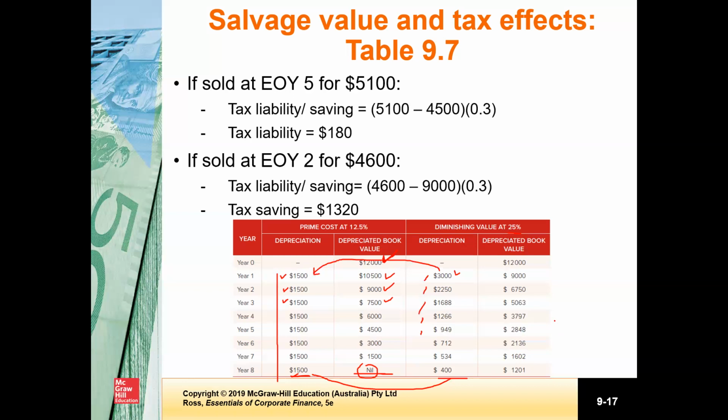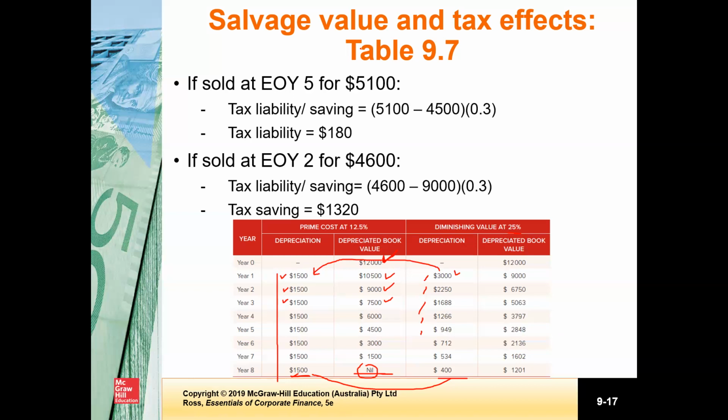The implication of the prime cost and diminishing value methods on the firm's value and profitability is not within the scope of our discussion here, so we are not going into that discussion.